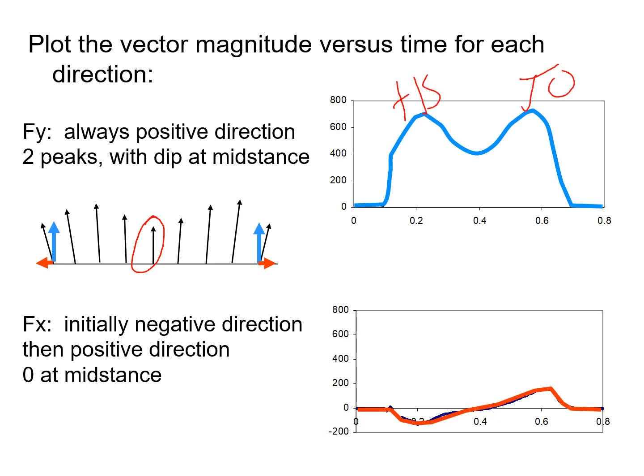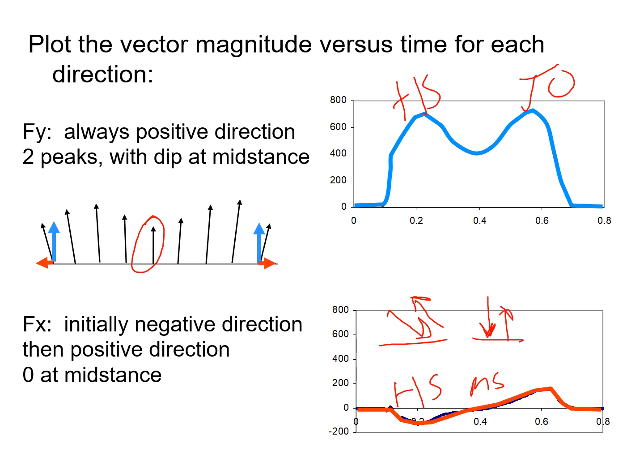With our F of x, there's initially a negative direction, and then a positive direction with 0 at mid stance. Right here is our heel strike, and if we're applying this vector towards the ground, the ground is complying and pushing back on us. So we'll have negative here, and this is our mid stance, where that F of x is now 0, because essentially if this is the ground, we're pushing completely perpendicular to the ground.